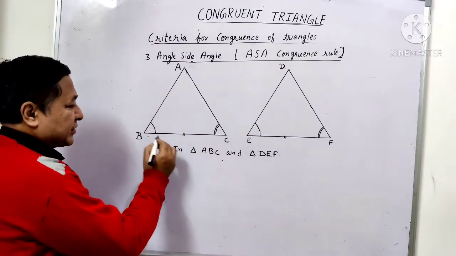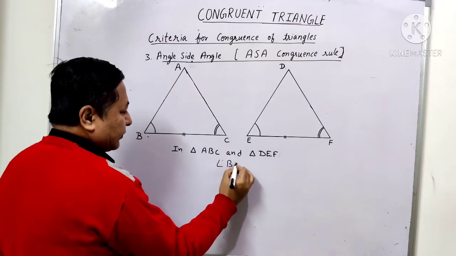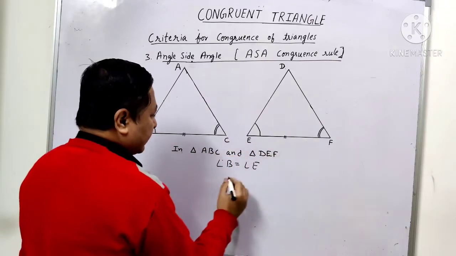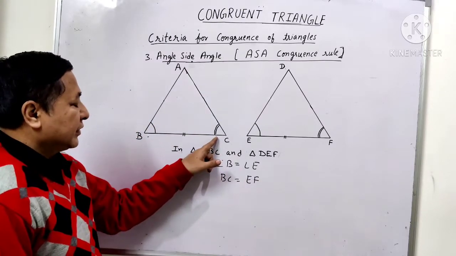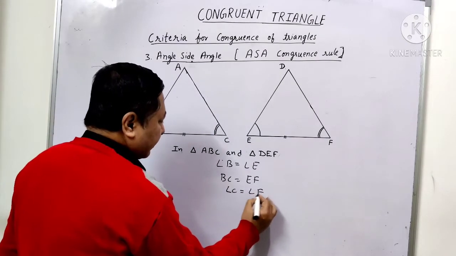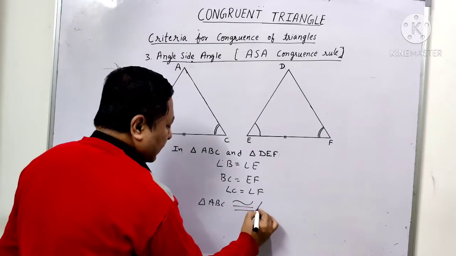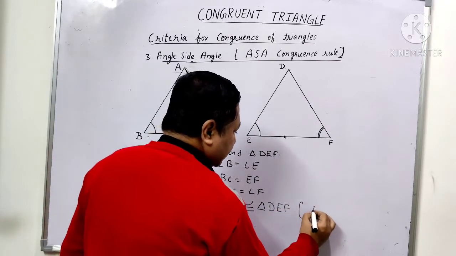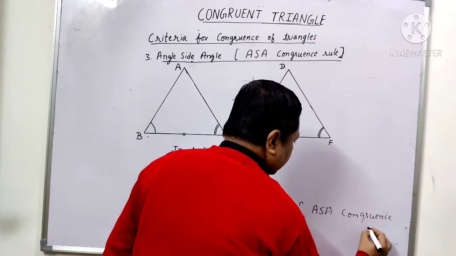As you can see here in this figure, triangles ABC and DEF, angle B is equal to angle E, the side BC is equal to EF, and the third, that is angle C, is equal to angle F. So triangle ABC is congruent with triangle DEF by the ASA congruence rule.